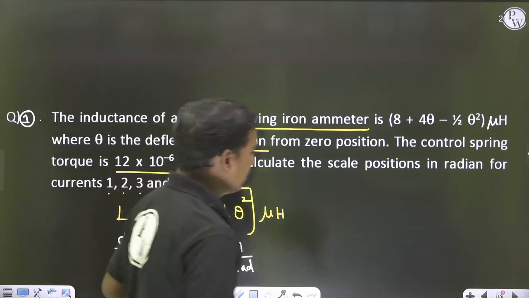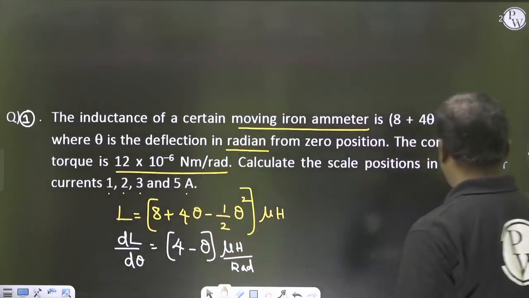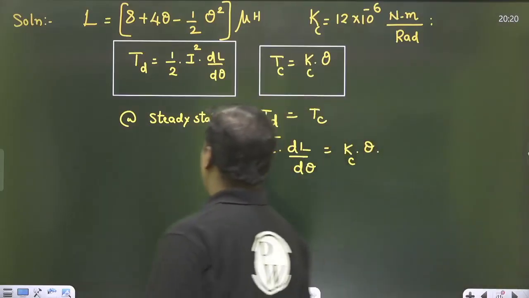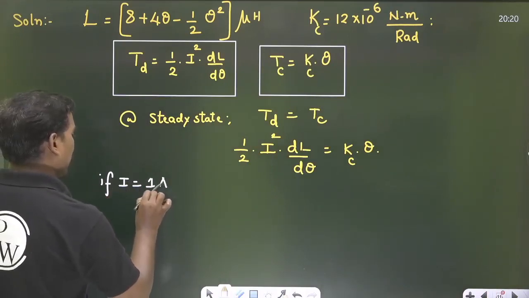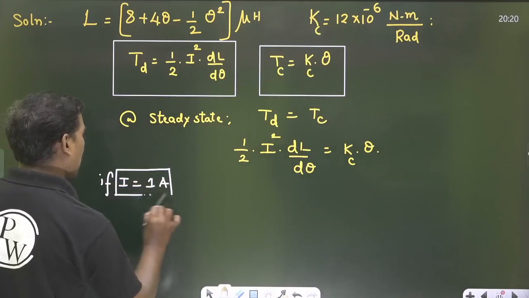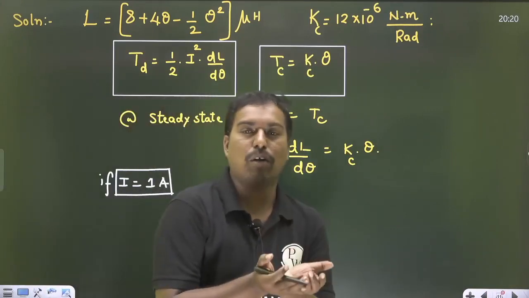Now for a current of 1 ampere, what is the theta?